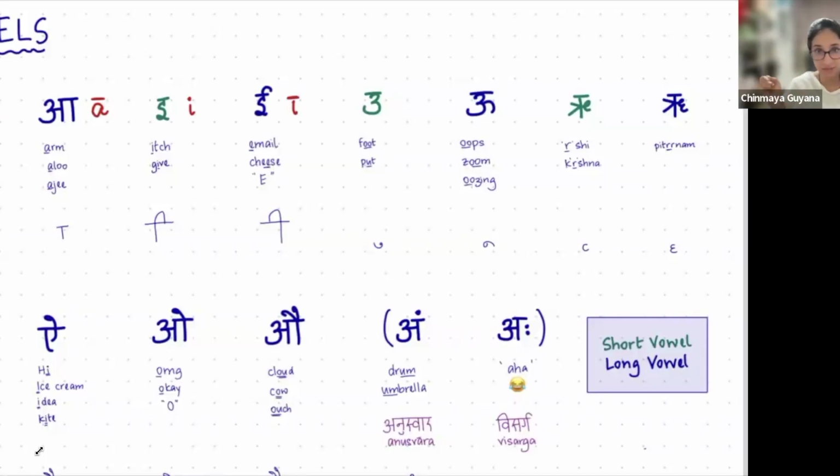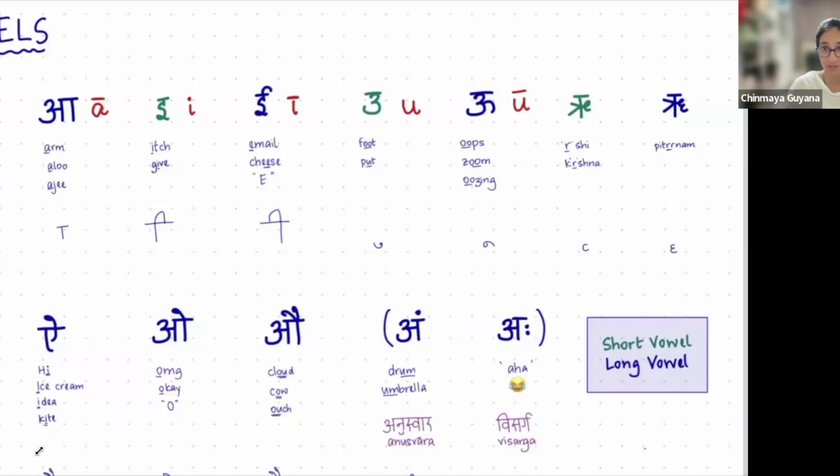That sound is represented by I with a dash on the top. Long I. Okay? U, like foot and put, is represented by letter U. And you can guess what Ū will be. Not O. Ū will be U with the line on top.